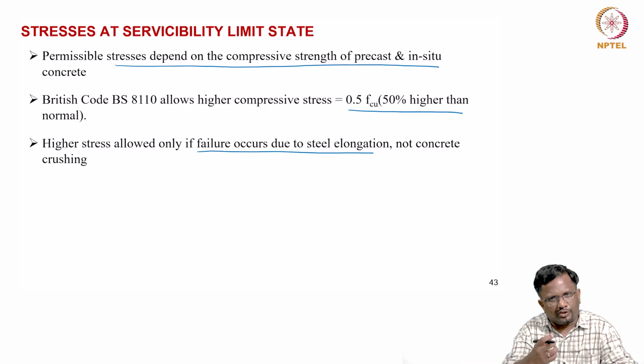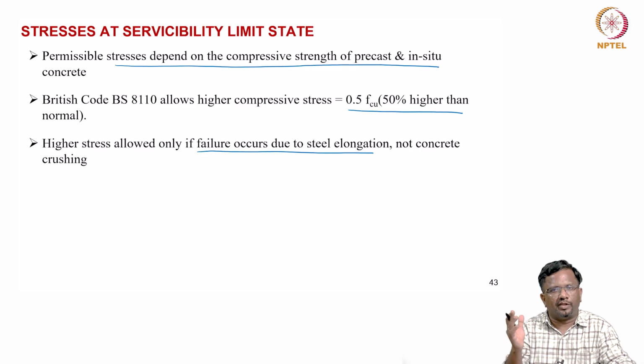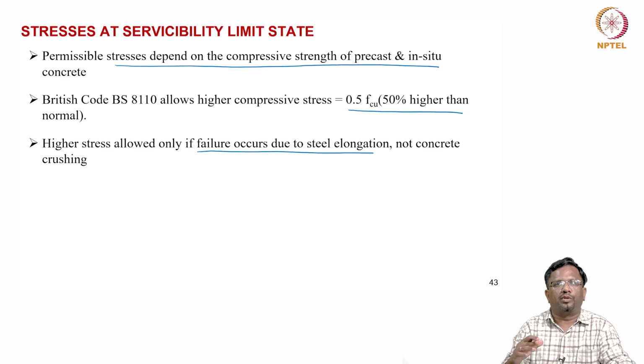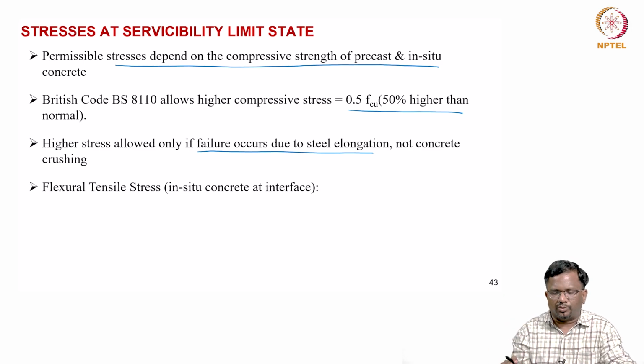That means we want the steel to always yield. If the yielding is dominating the behavior, either in flexure or shear, and not concrete crushing before steel yielding, then you can permit higher stresses. That is what the BS code is saying.